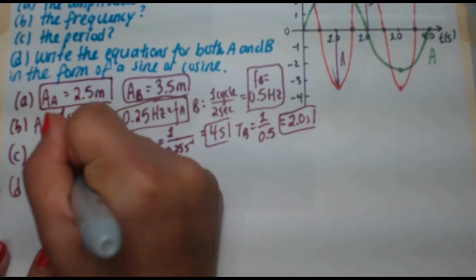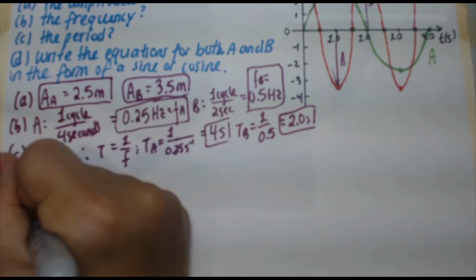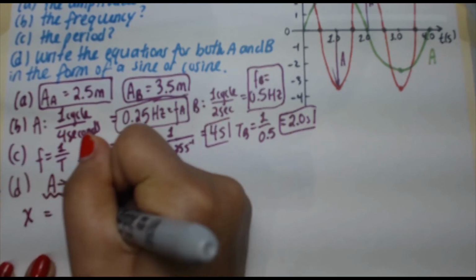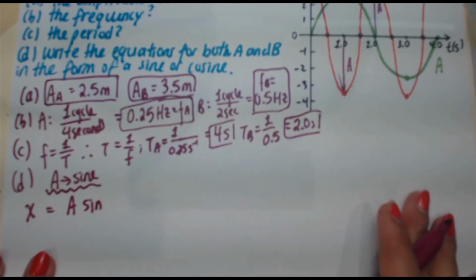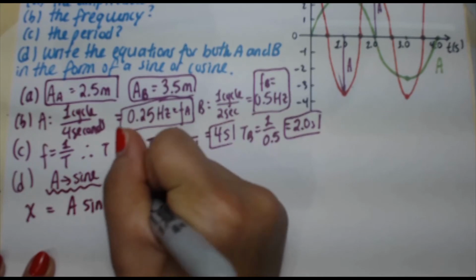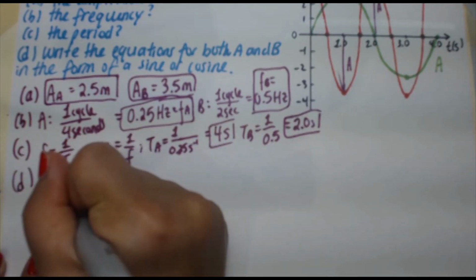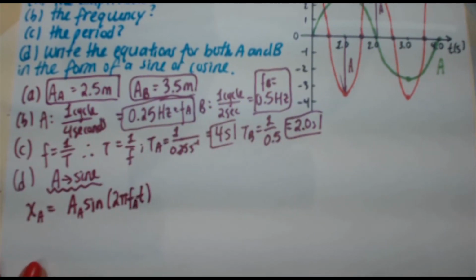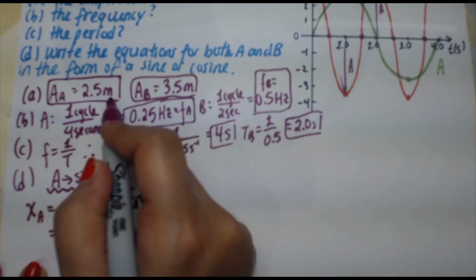So A, we said we're going to model with sine. Now, this is the formula for the displacement of a curve. x is equal to A sine, and usually we say omega t. But in this case, we're not dealing with omega, we're dealing with frequency. So we'll write it as 2 pi f t. And because this is for A, we're going to say x_A, A_A, f_A. So everything is specific to curve A. Amplitude of A we found, it's 2.5.